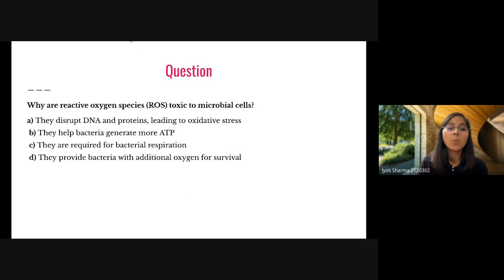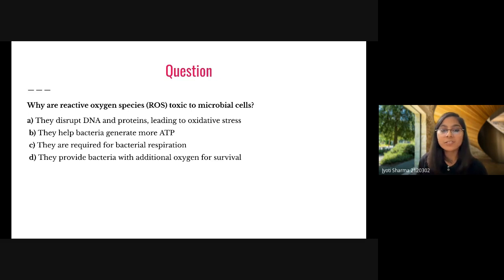Okay. Why are reactive oxygen species toxic to microbial cells? What does that species do to the microbial cell that makes it dangerous? The options are: they disrupt DNA and protein, leading to oxidative stress; they help bacteria generate more ATP; they are required for bacterial respiration; they provide bacteria with additional oxygen for survival.